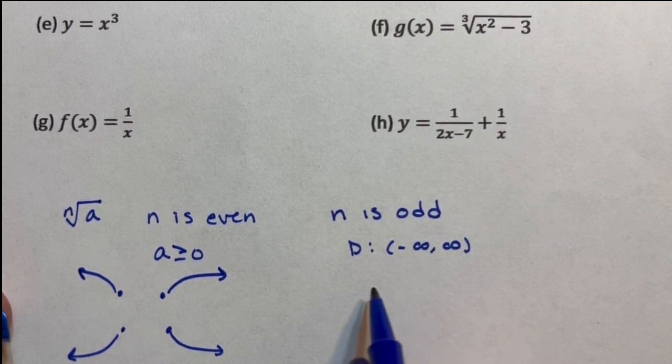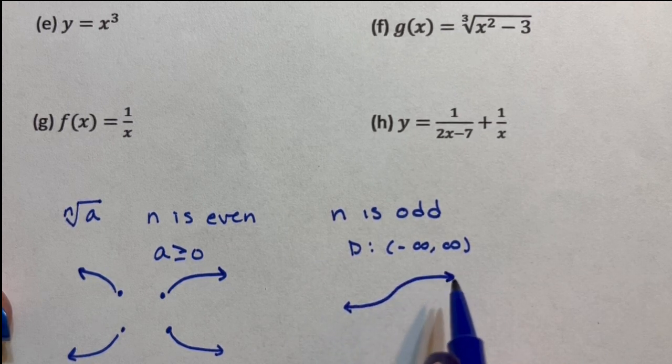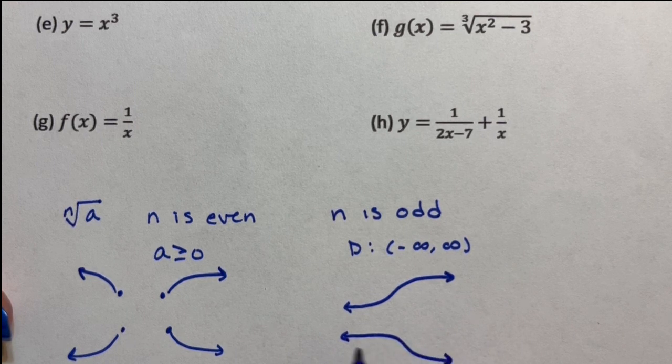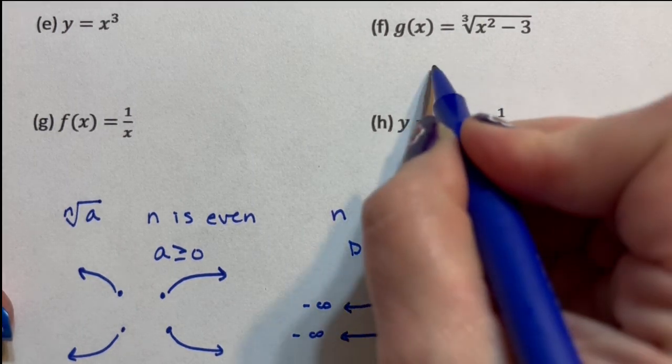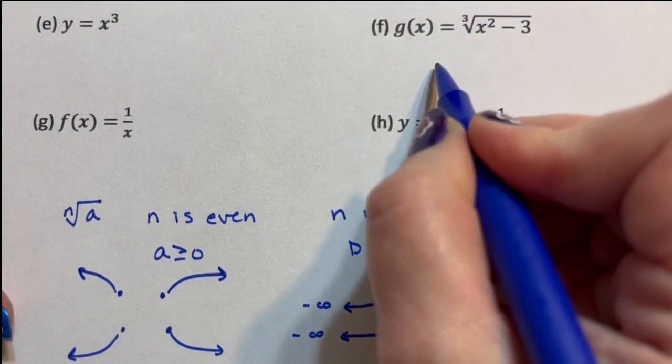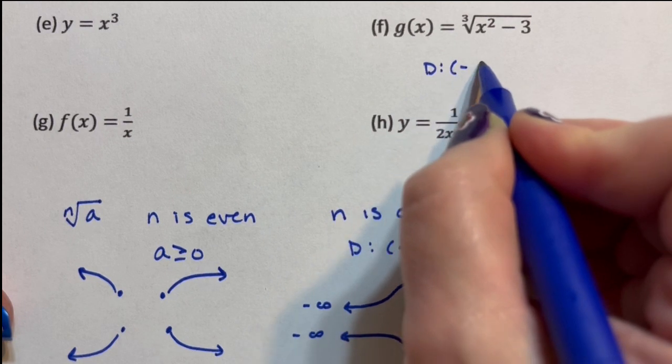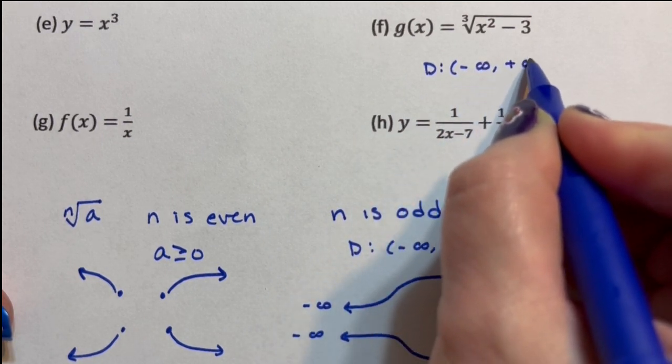If it's odd, the graph looks like this, or it looks like this. Either way, notice it's going from negative infinity to positive infinity, and that right there is your domain, that left to right being infinite. So the domain, when it's odd, is negative infinity to positive infinity.